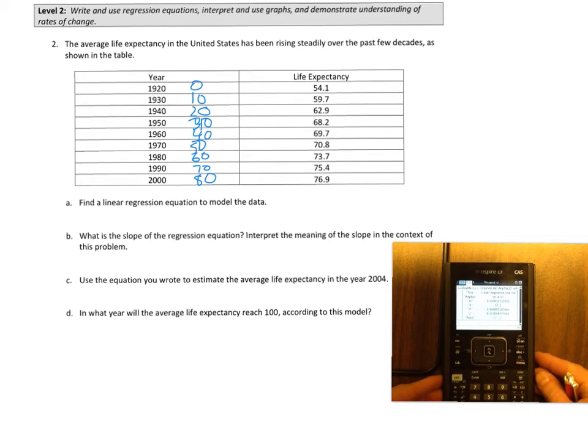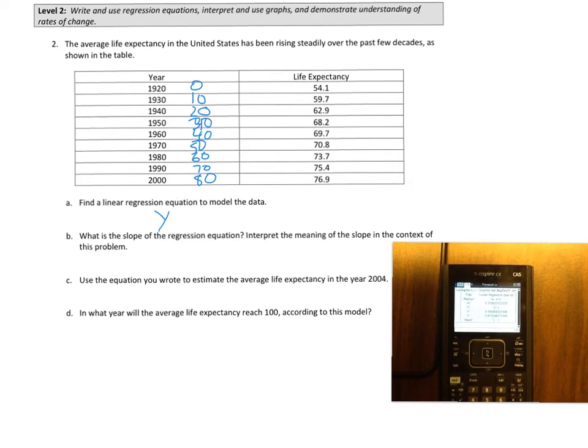I know it's very small and it's hard to read, but if you're doing it on your calculator, you should see that M is about 0.27 and B is exactly 57.1 in this case. So the equation in slope-intercept form is y equals 0.27x plus 57.1.